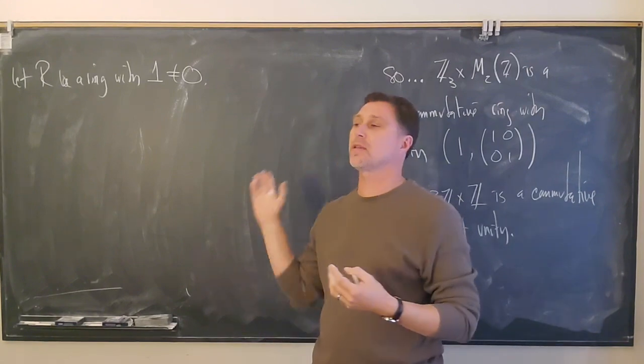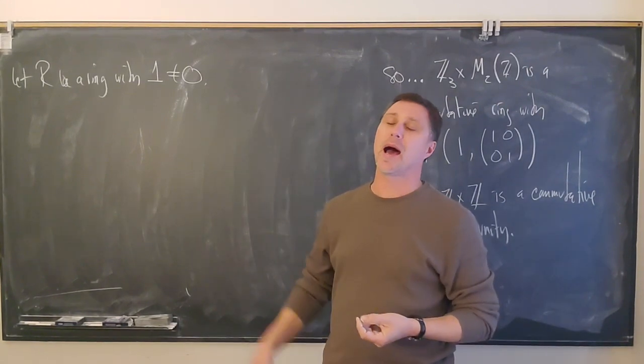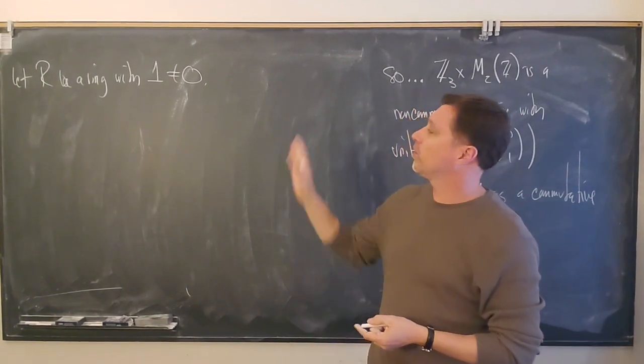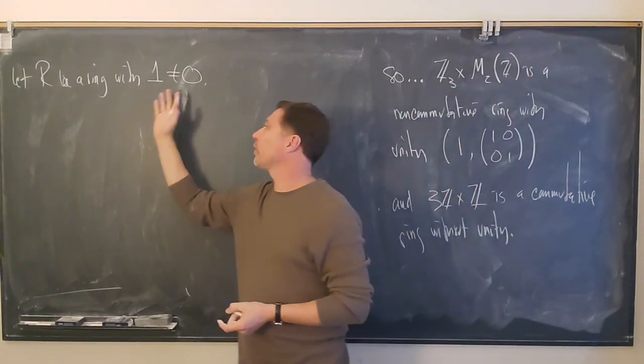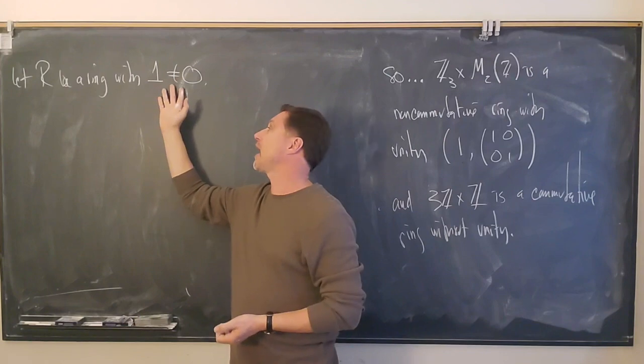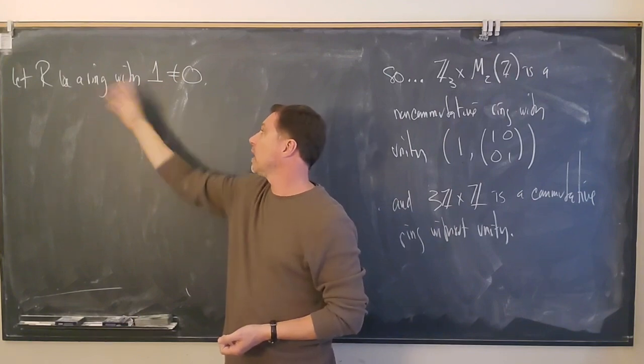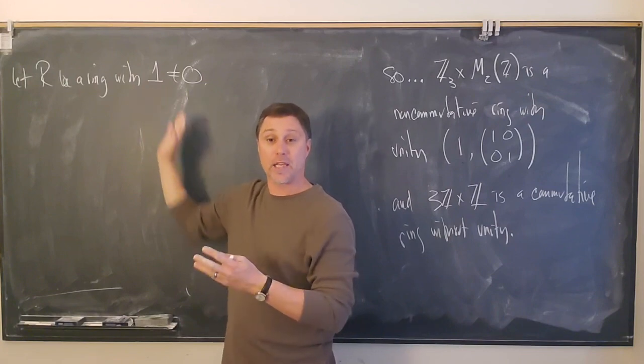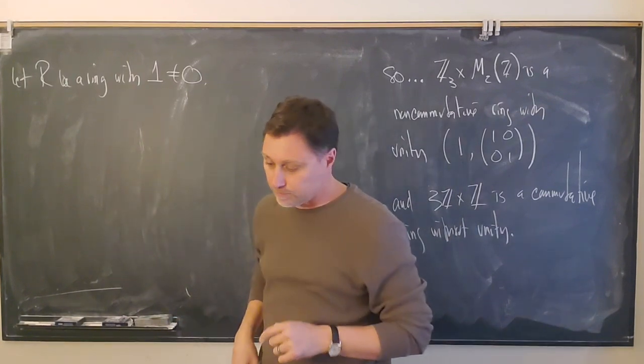Sometimes you write down a statement and someone will say, but what about the trivial ring? Yes, fine, okay. But when we want to insist that we're not talking about the trivial ring, this is often how we'll do it. Let's take a ring that has at least 2 elements. It's got a 0 and it has unity not equal to 0, so it has at least 2 elements.